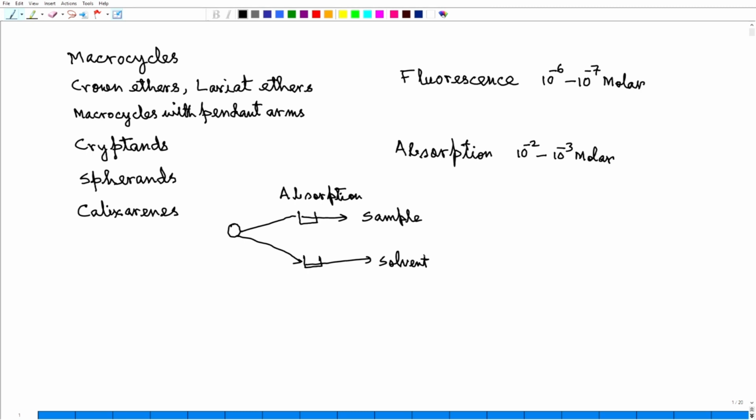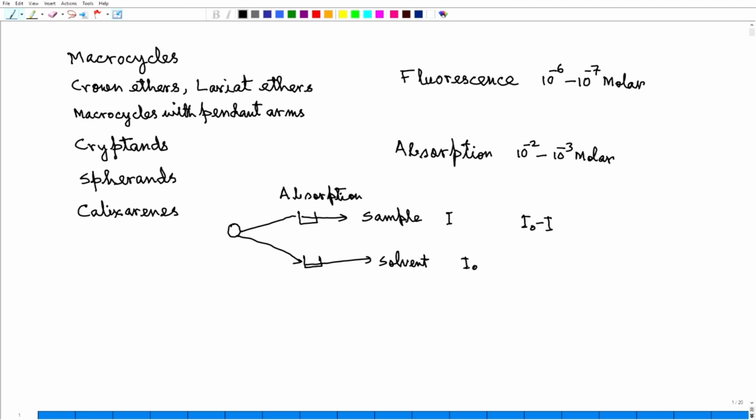And what do we measure? The intensity that comes through the solvent is I0, and the intensity that comes through the sample is, suppose, I. In the equipment, we measure I0 minus I, where I0 is quite intense monochromatic radiation, and the sample has absorbed somewhat.